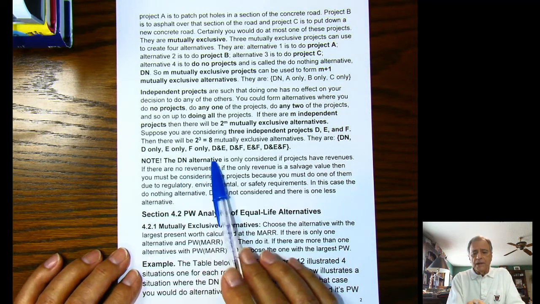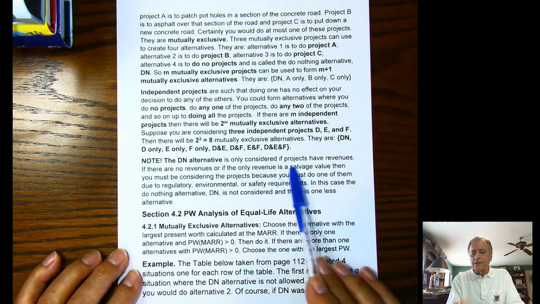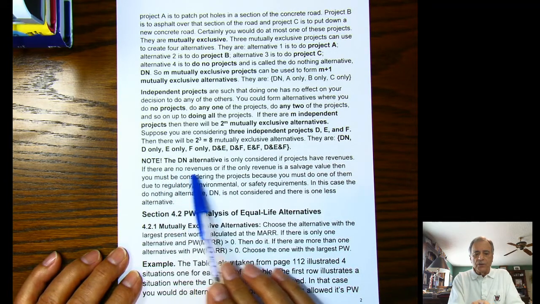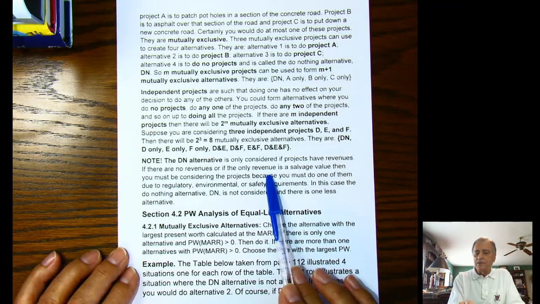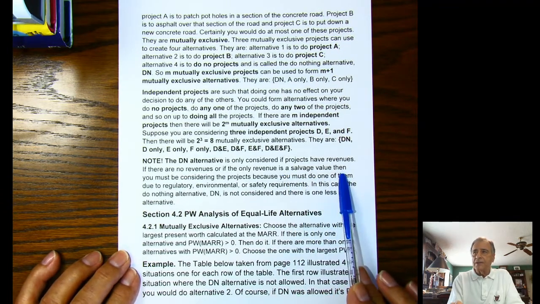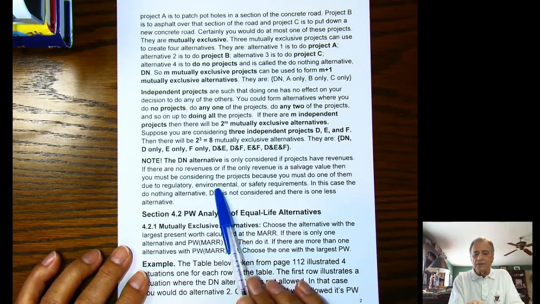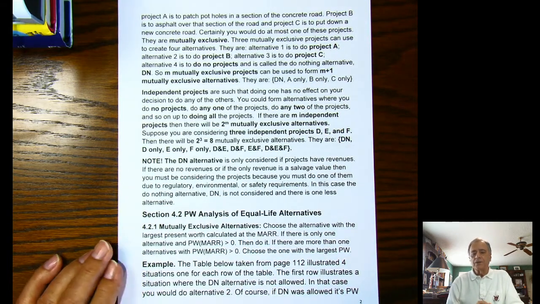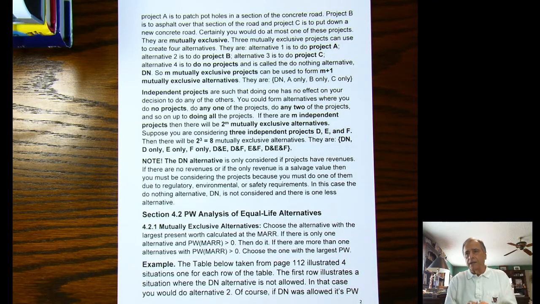So I say the do nothing alternative is only considered if the projects have revenues. If there are no revenues, or if the revenue is only a salvage value, for all practical purposes there's no revenue, then the do nothing alternative is not considered, because you wouldn't even be looking at these projects if you didn't have to do one of them.